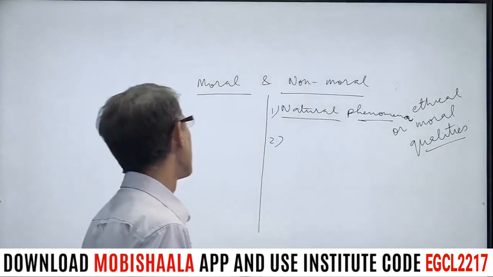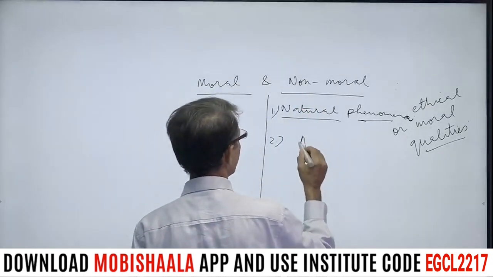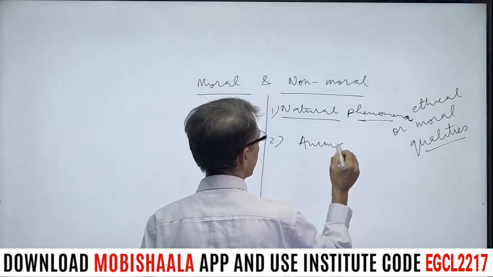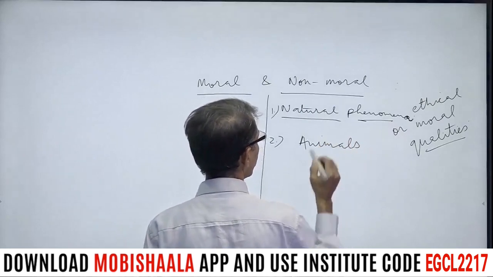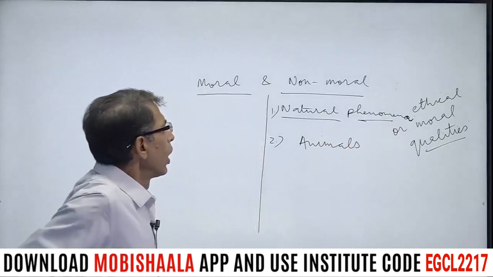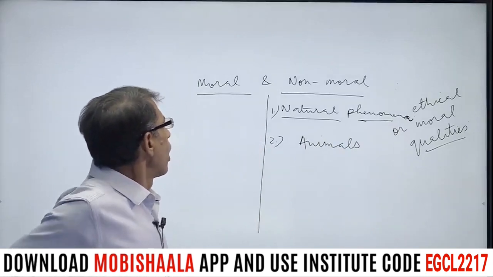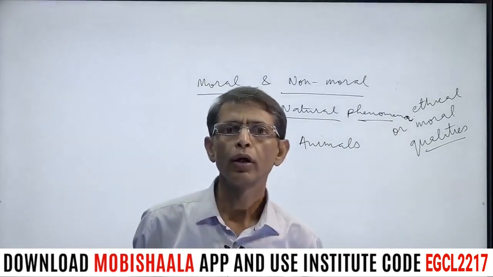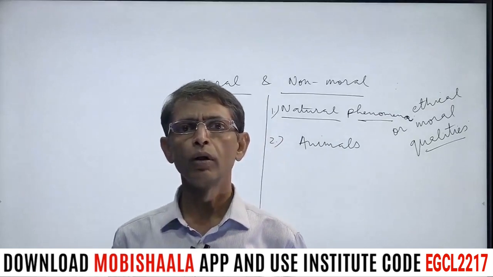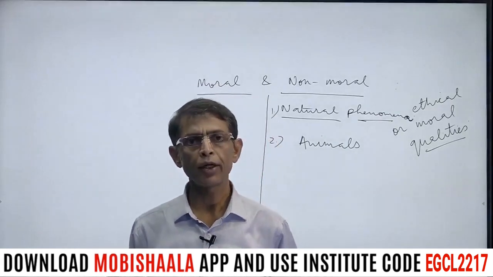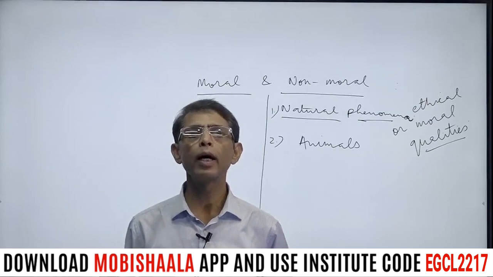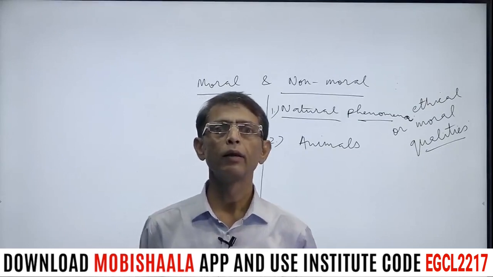Second thing, activities of animals. Activities of animals are also non-moral. Their activities cannot be called moral. Why? Because they are devoid of reason. They do not have reason.